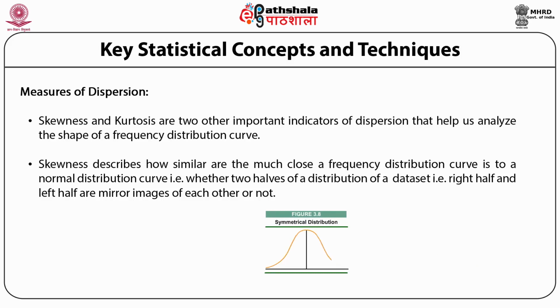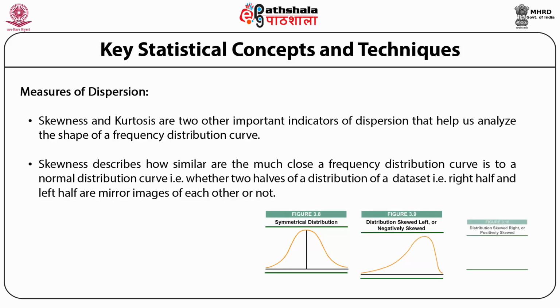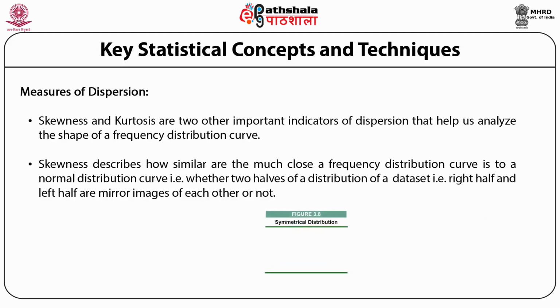In other words, we try to find out if the left hand side of a distribution curve is similar to the right hand side or not. If these two are mirror images of each other, we call it symmetric, otherwise we call it asymmetric. So skewness represents the asymmetry in the distribution, that is, how far a particular distribution is from the normal distribution.